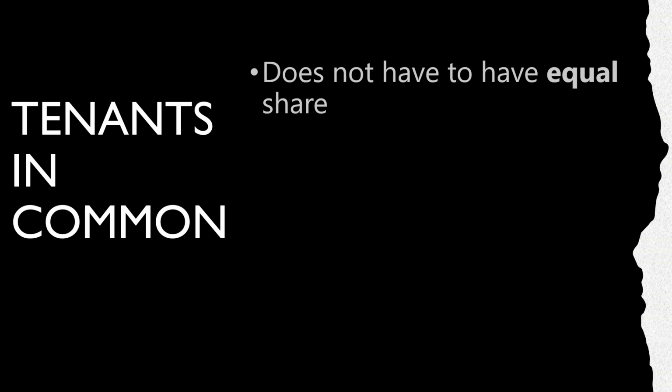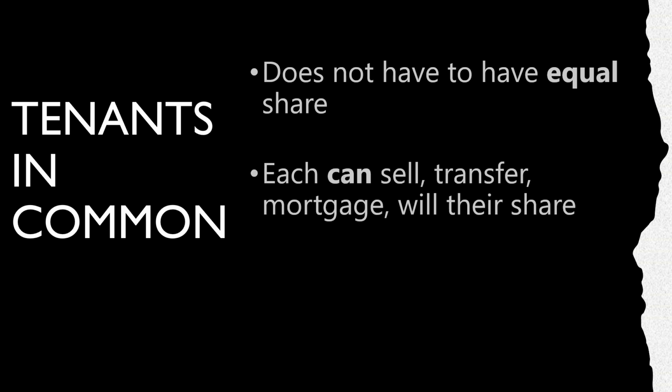And here we're just discussing in terms of the rights, which maybe simply put is when the property is sold, how much are you getting? If there's any profit, how is it going to be split up? Or how much money did you contribute towards the purchase of this house? So I'm trying to put it in a simpler way. Each individual can do whatever they want with their share.